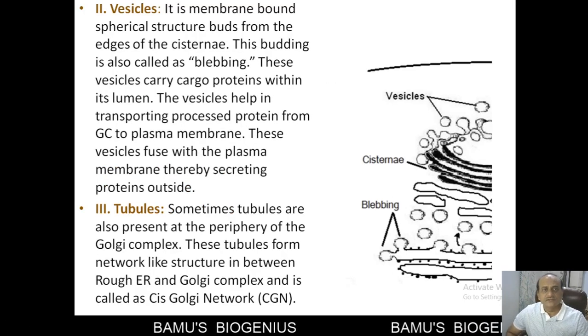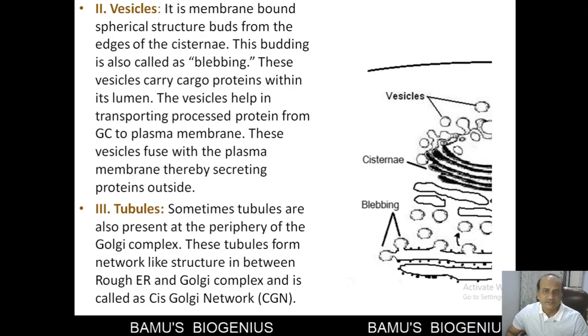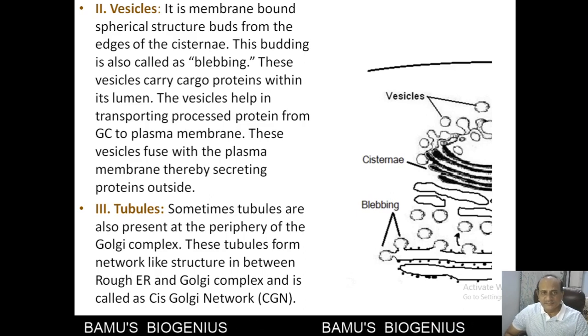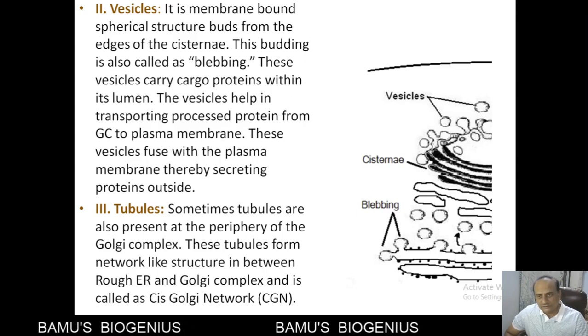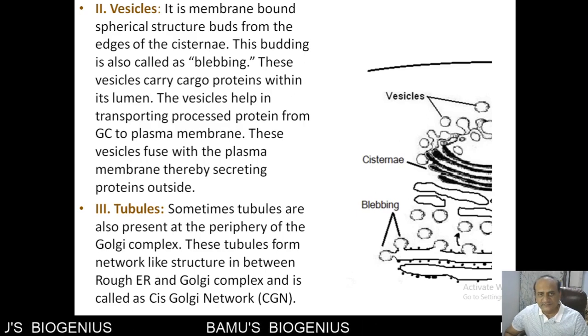Then another type of structural feature is the vesicles. They are membrane-bound spherical structures, and the phenomenon of budding out of these vesicles from the Golgi system is called blebbing.